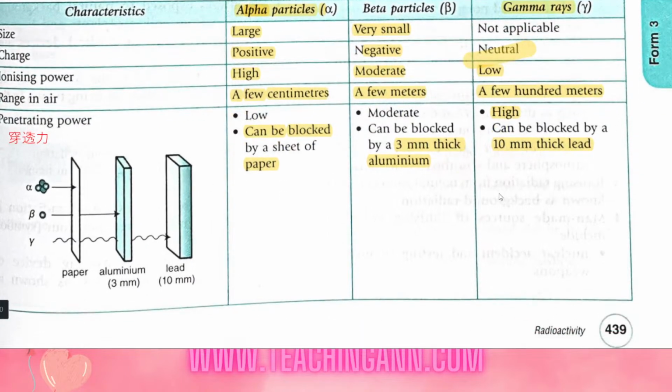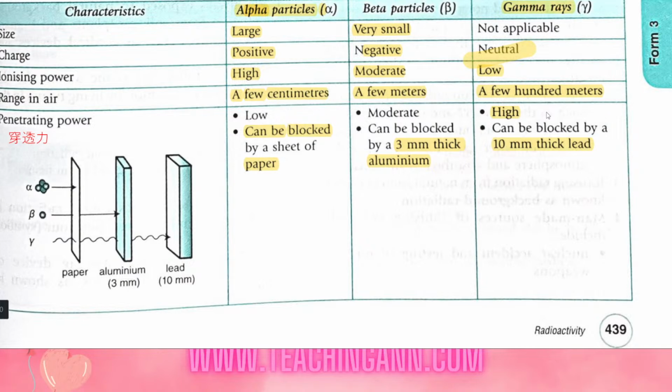And then the next one is gamma ray. Gamma ray size is not applicable, because it is not a particle. 明白吗？它不是粒子来的. So there's no size for it. Charge is neutral, it has no charge. Ionizing power is very low. Range is a few hundred meters, which can reach the kopitiam.